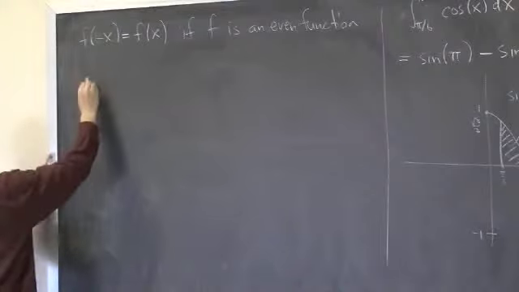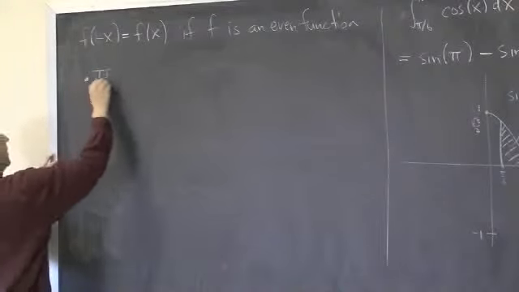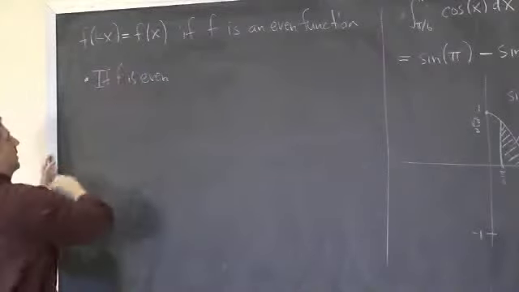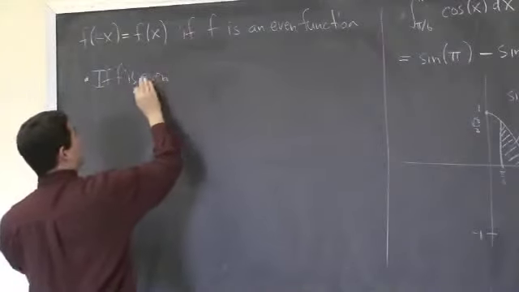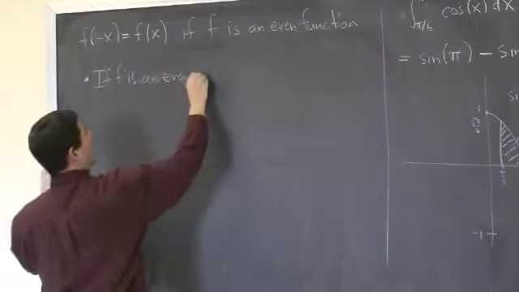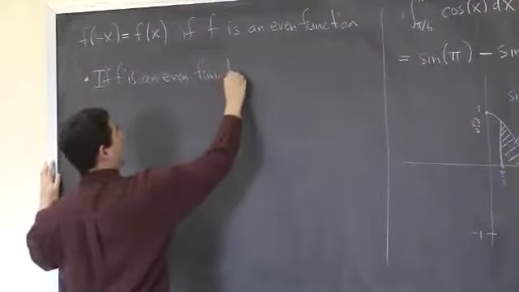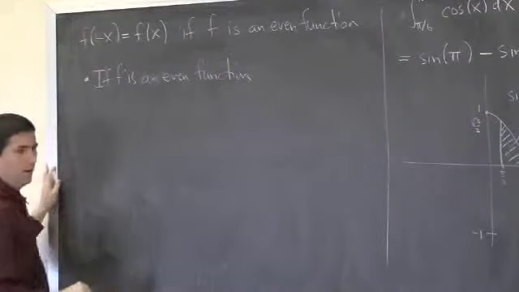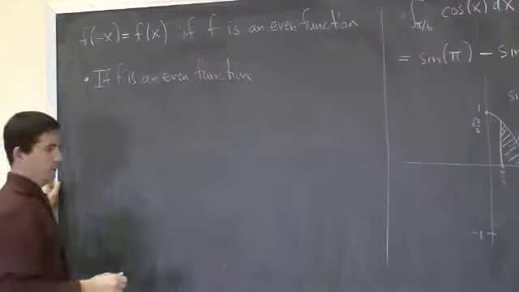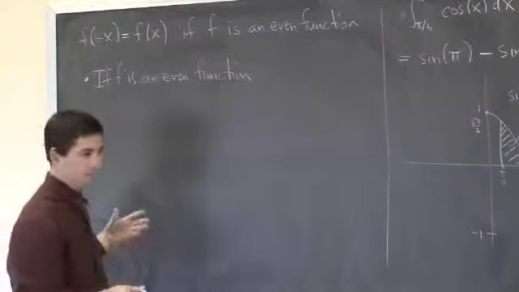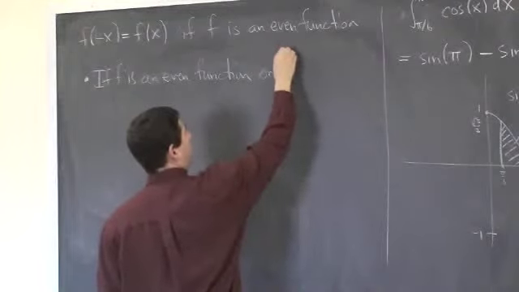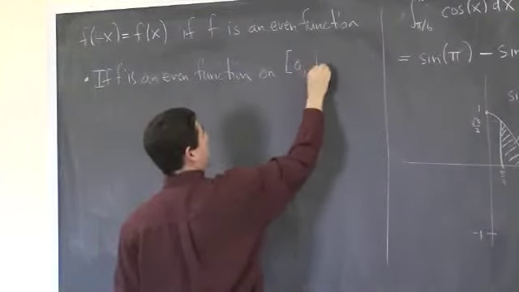So let's make a very easy observation about even functions. If f is an even function, and let's say it's even at least to some point, right? Maybe just around 0. So we'll say on 0 to some b.